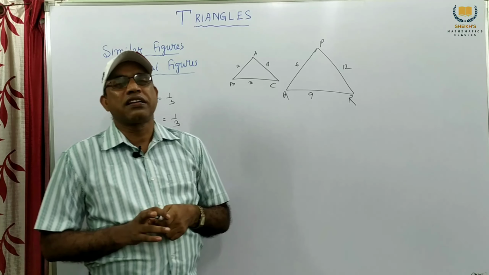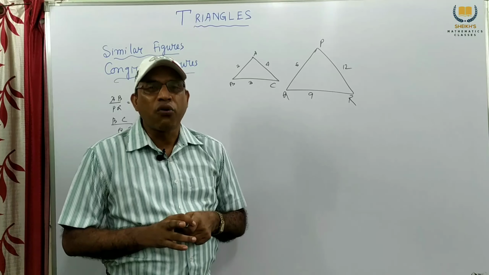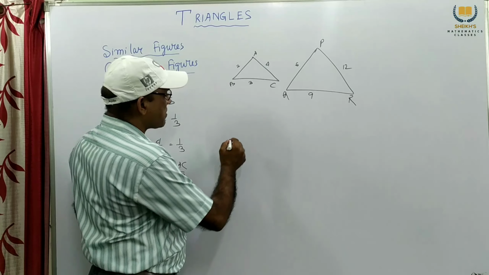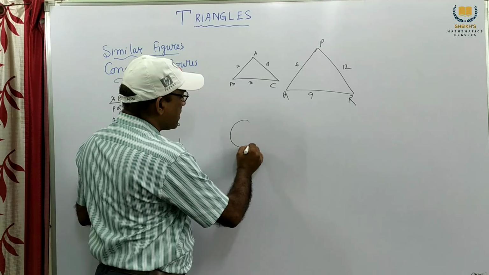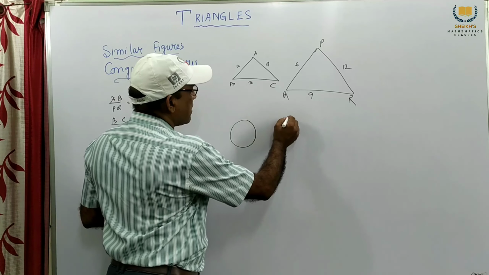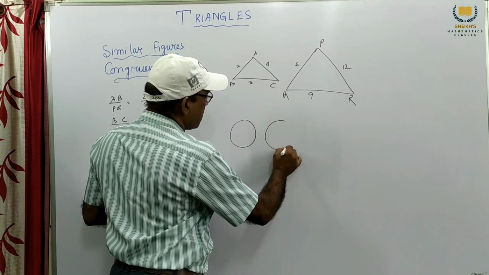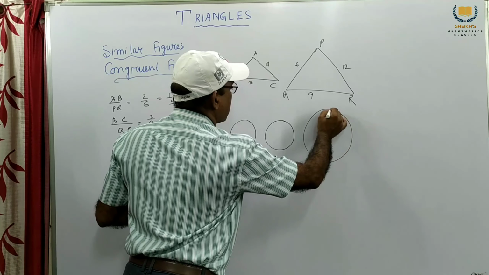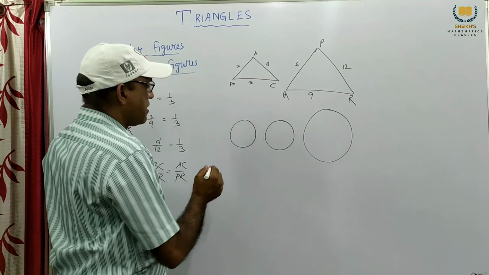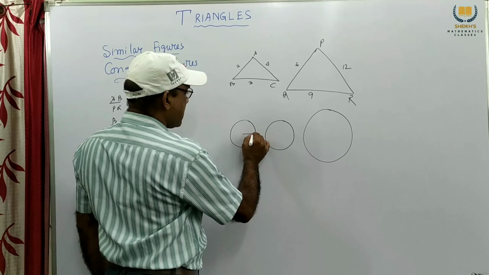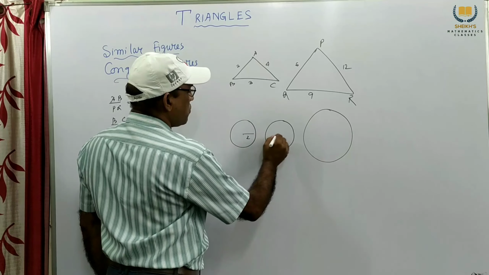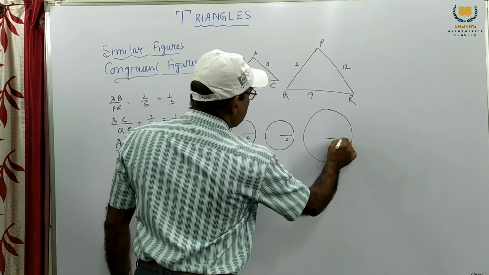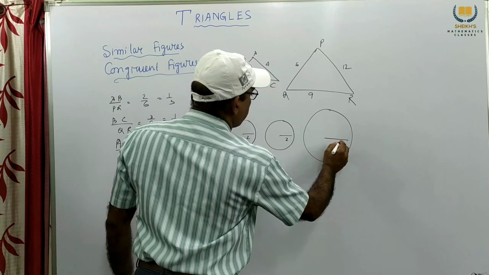And now we consider congruent. Now what is congruent? Suppose we consider two circles. This is a circle, this is another circle, this is another circle. We consider these three figures. Suppose this radius is 2, this radius 2, but this radius we consider suppose 5.